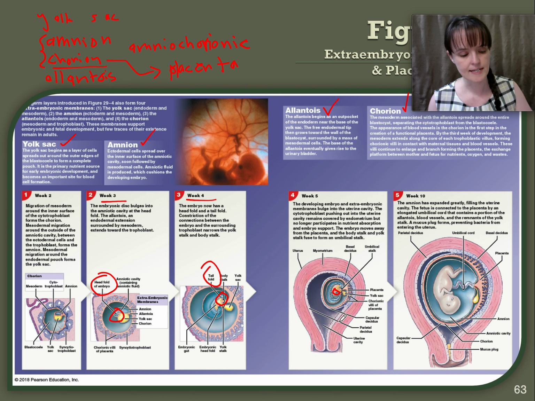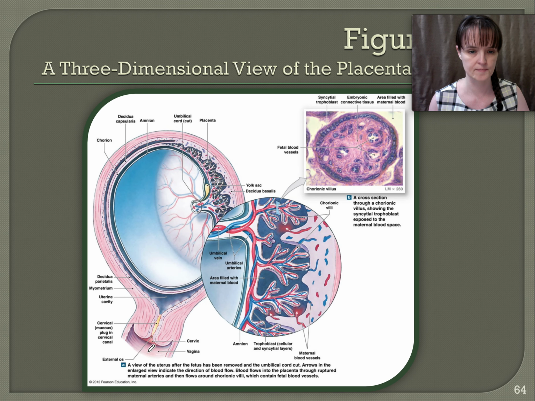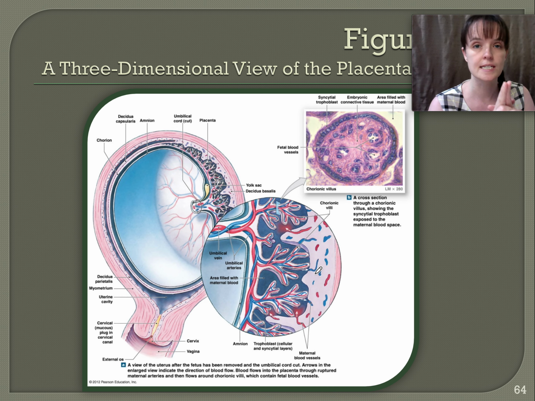The blood in the umbilical arteries is deoxygenated. That's the next picture. There we go. The umbilical arteries is deoxygenated and has wastes. And there's a reason for this, because before you were born, you did not get oxygen from your lungs. You did not get oxygen from your mouth and nose.